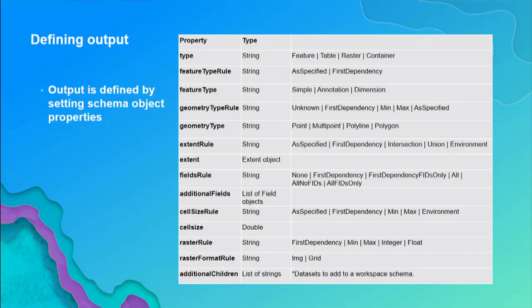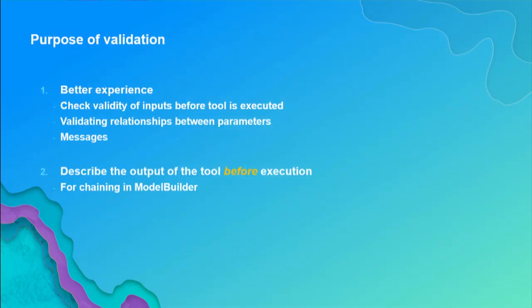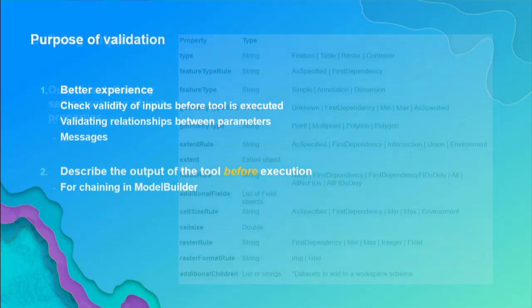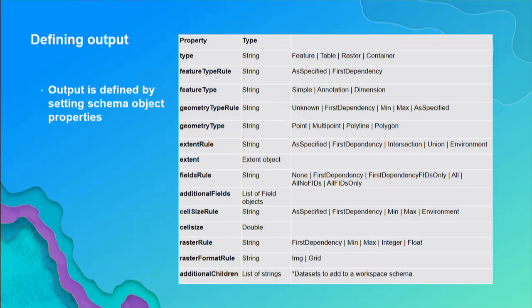This is all the things you can do with that second case, the model builder case. It's basically telling your tool what its output is going to be or likely to be. It helps subsequent tools know and be able to properly make the right choices in a model.